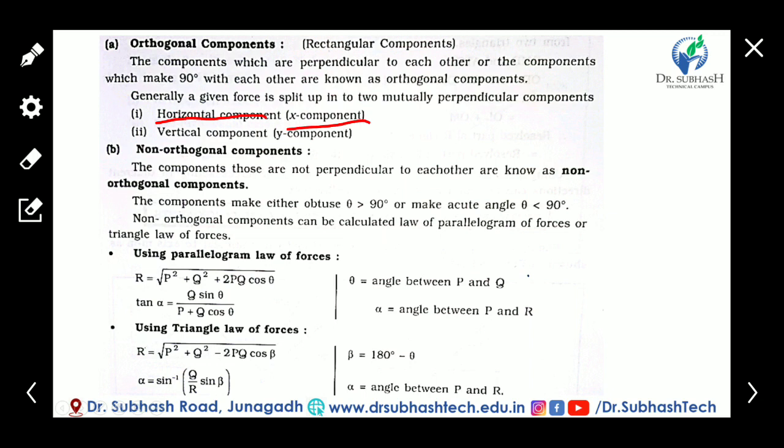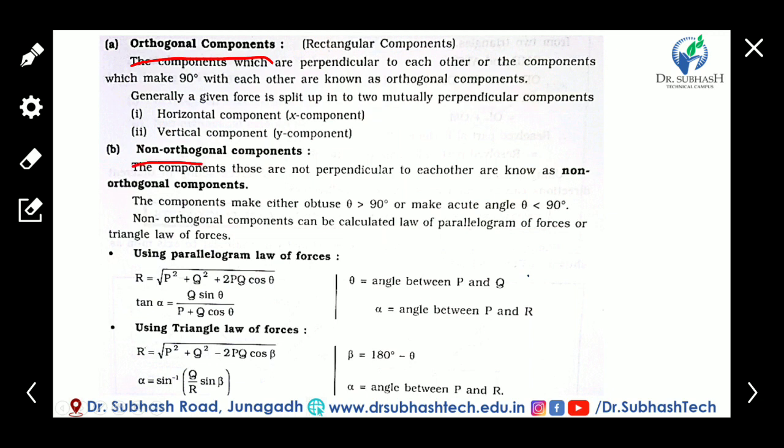The horizontal component is generally considered as the x component and the vertical component is considered as the y component. So generally we resolve the force into orthogonal components.